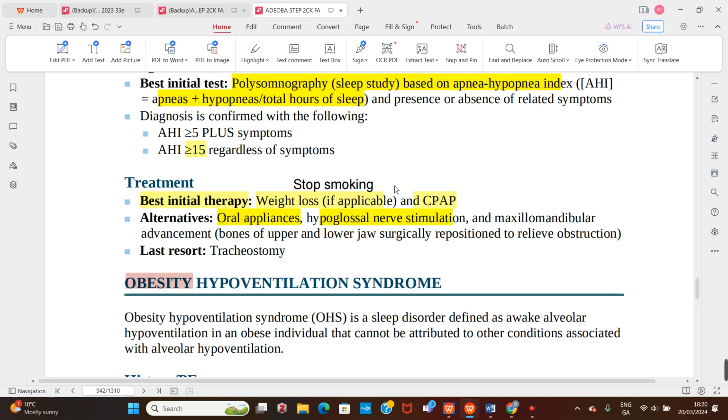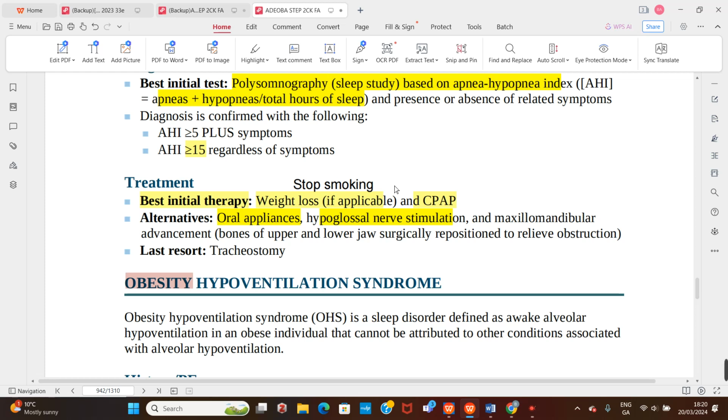Then we place them on CPAP, because CPAP delivers continuous airway pressure, usually at expiration, but that pressure is still maintained at inspiration, the same pressure, so that it is going to keep the airway patent and allow for relief of that obstruction. That is what we are doing with our CPAP.